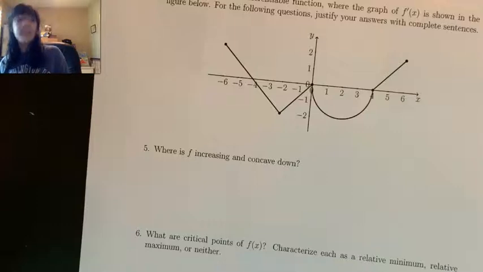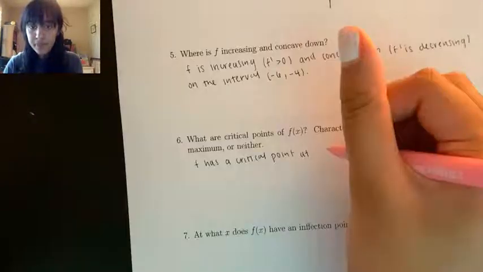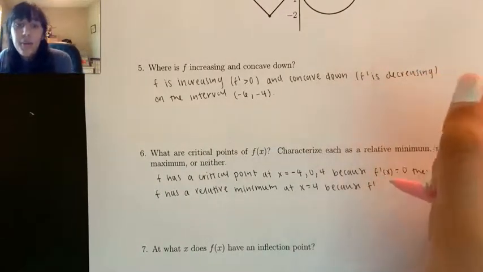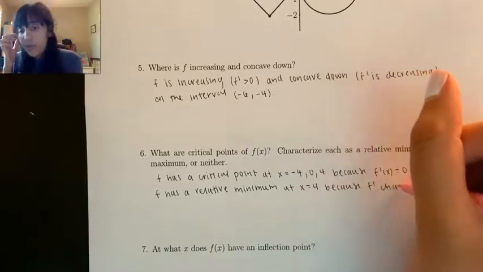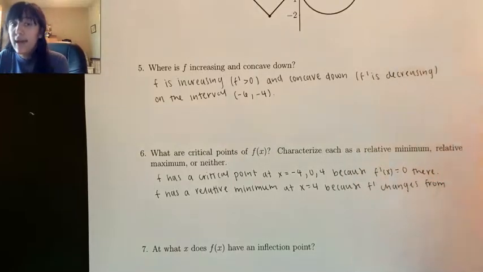We're going to see wherever it goes from negative to positive, and we have our 3 points, -4, 0, and 4. So it's going to be a relative min at 4, because that's where f prime is changing from negative to positive. So we're going to go and write the justification for that. F has a relative min at x equals 4 because f prime changes from negative to positive at that point.